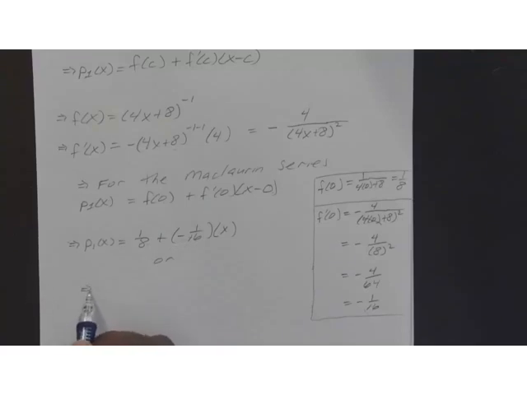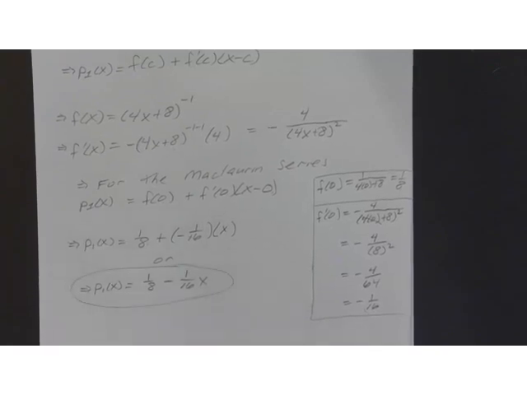Or you can just make that negative, where our p sub 1 of x is equal to 1/8 minus 1/16 times x. All right, any questions on that one?